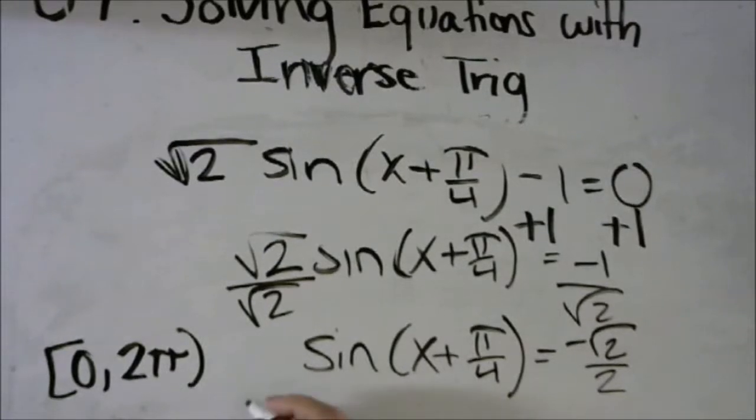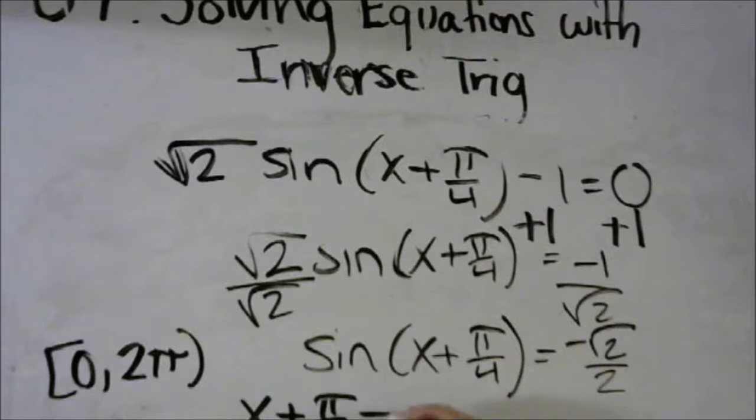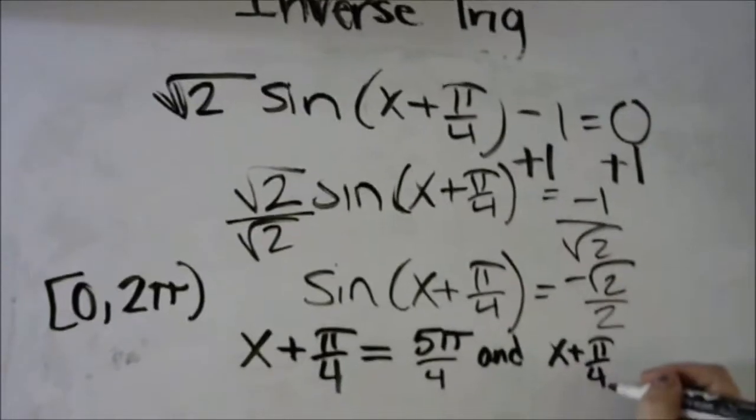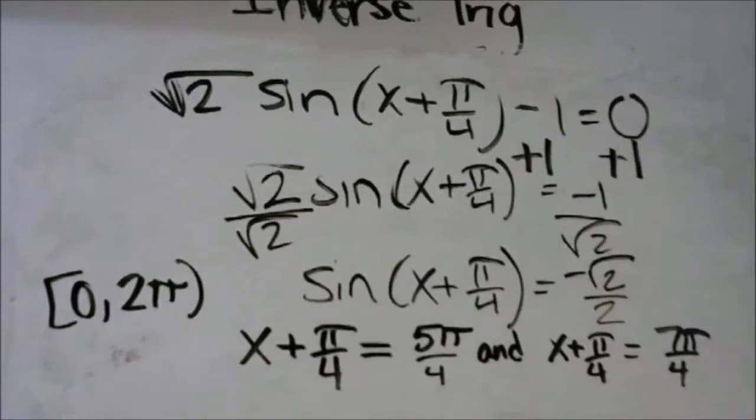So our two solutions are x plus pi fourths is equal to 5 pi fourths for quadrant 3, and x plus pi fourths is equal to 7 pi fourths for quadrant 4.